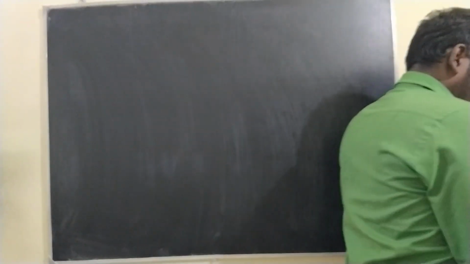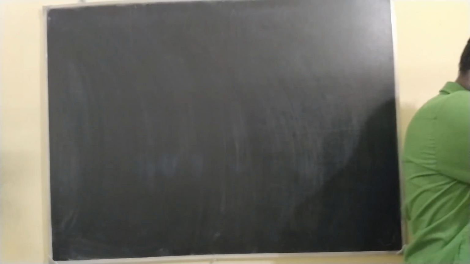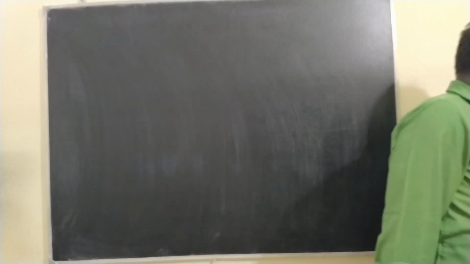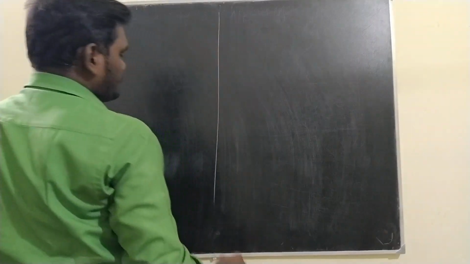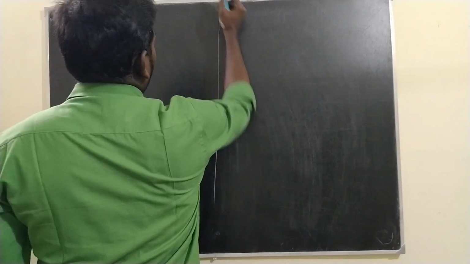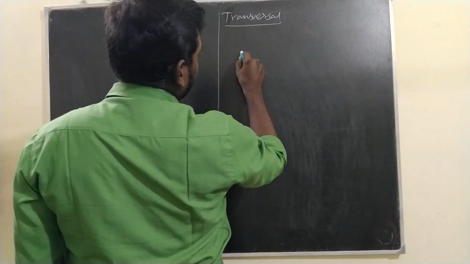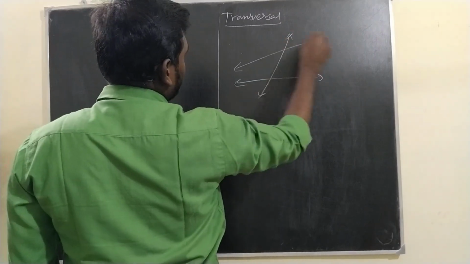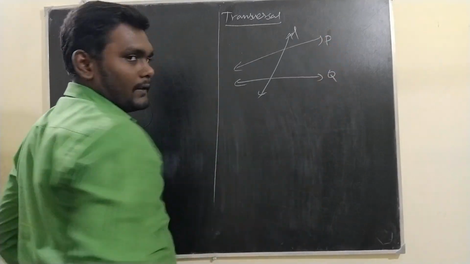Now next one, parallel lines. See, transversal: if a line intersects two or more lines, then we call that line a transversal.